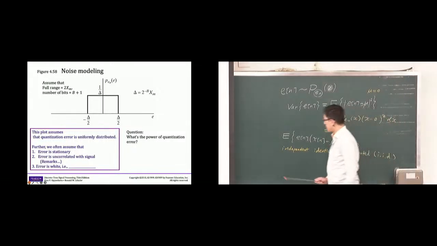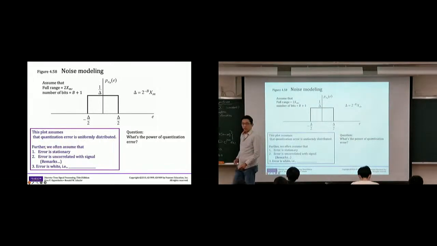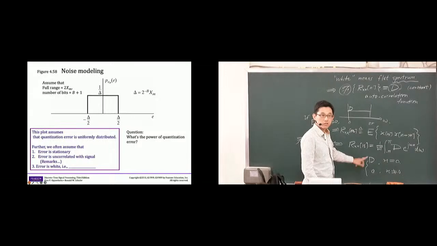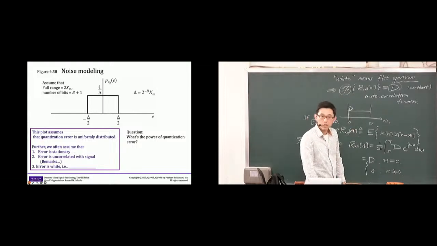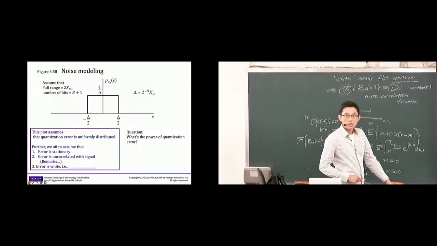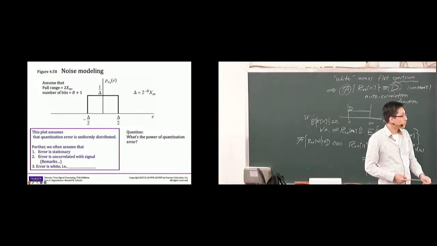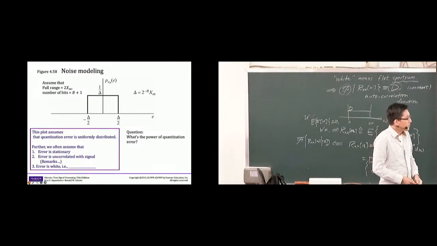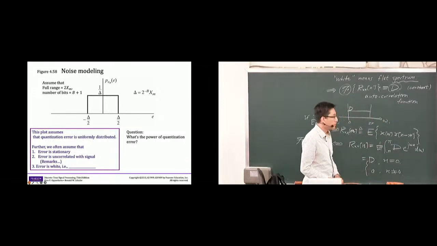Why does it guarantee white spectrum? Because independence implies uncorrelated, right? Independence implies zero correlation. The converse is not true. So that's a stronger condition, which you will encounter a lot in the field of communication. Conveniently, we can assume the noise is IID. Simplifies a lot of things.